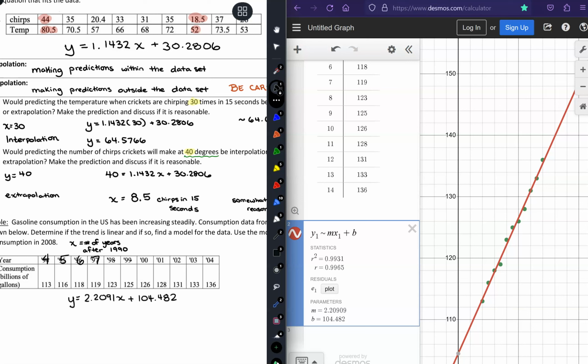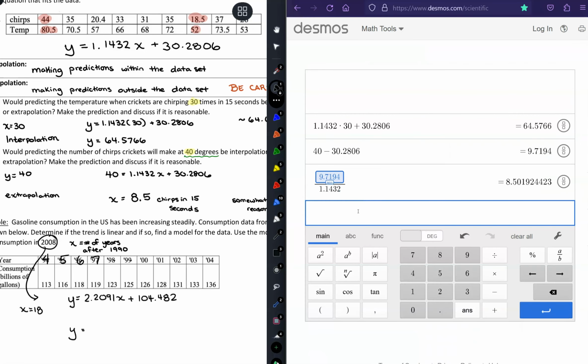So what we're going to do is with 2008, we're going to let x equal 18 and plug that in. So I'll go to my scientific calculator and do 2.2091 times 18 plus 104.482 to get 144.25.